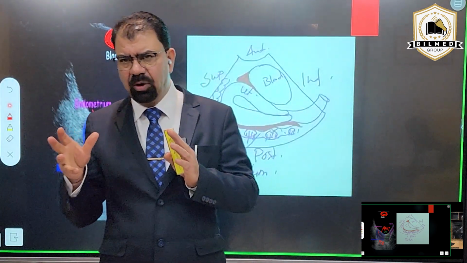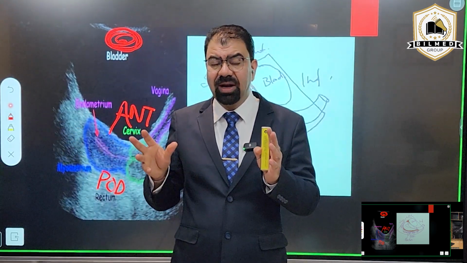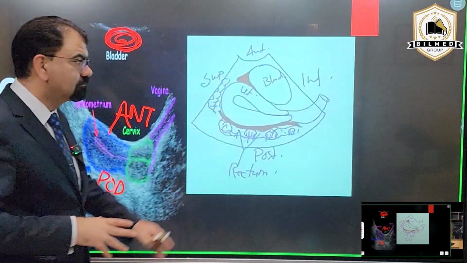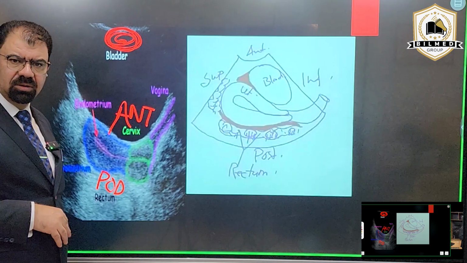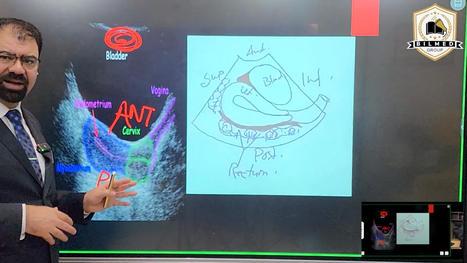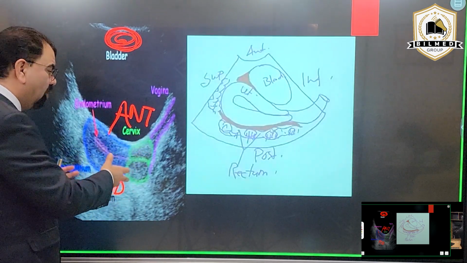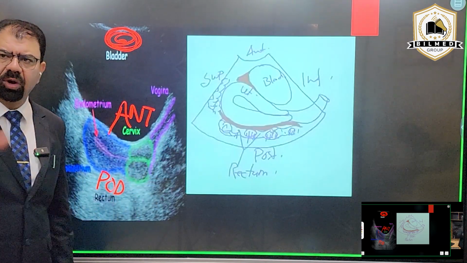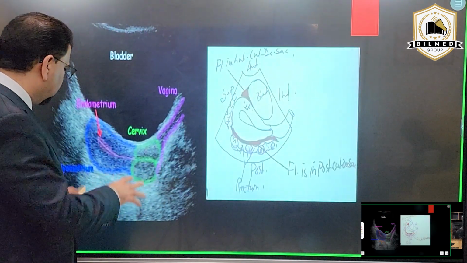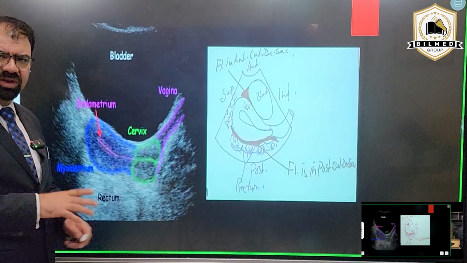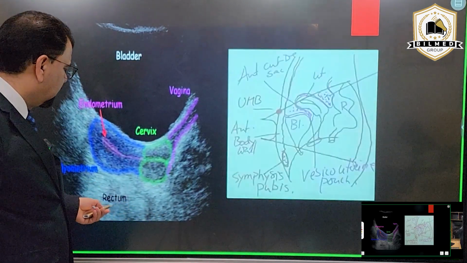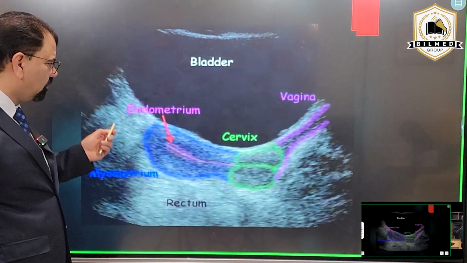Ultrasound is all about the correlation of your anatomy onto the screen. If your correlation is missing and you are not taught how to correlate, you will struggle your whole life with ultrasound. So this is the basic understanding of the pelvic spaces.